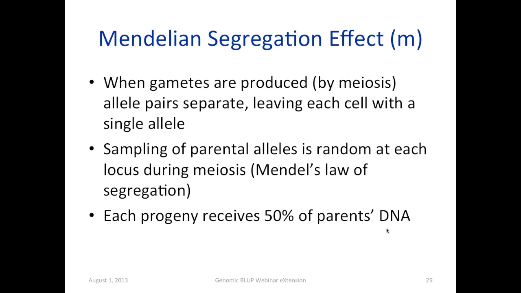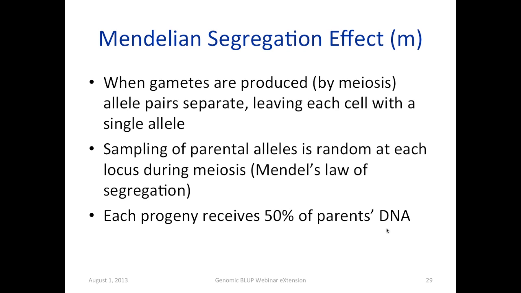So what is the Mendelian segregation effect? When gametes are produced by meiosis, allele pairs separate, leaving each cell with a single allele. So sampling of parental alleles is random at each locus during meiosis, and this is called Mendel's law of segregation. Each progeny receives about 50% of the parental DNA, and that 50% is randomly sampled.